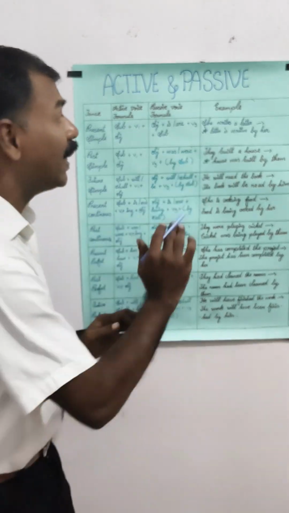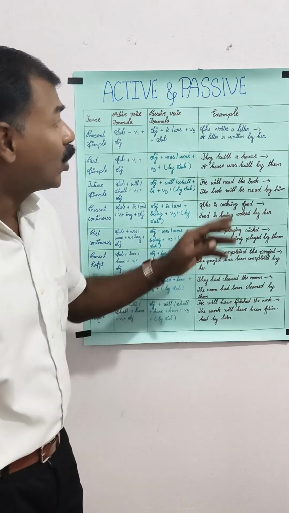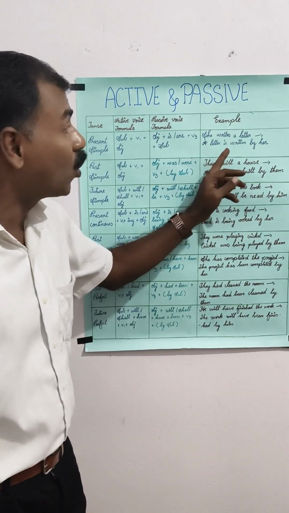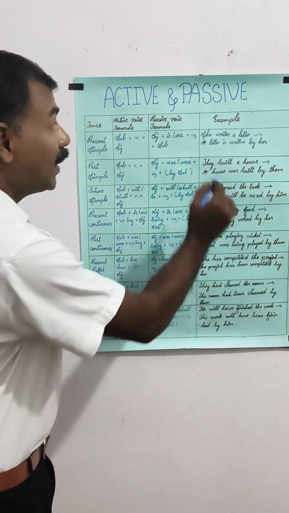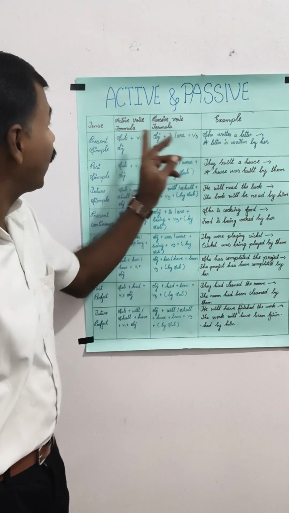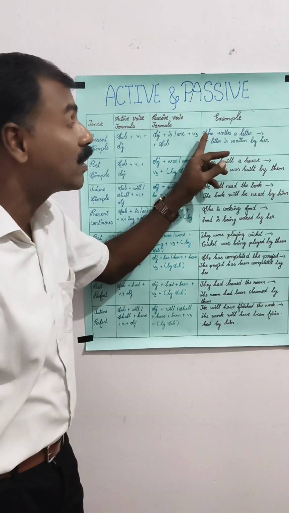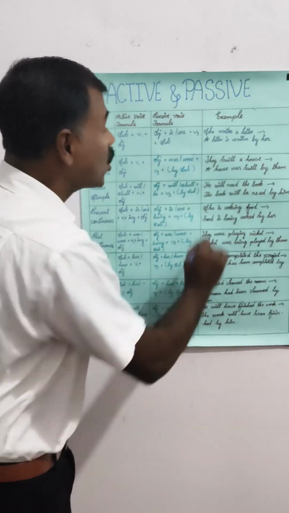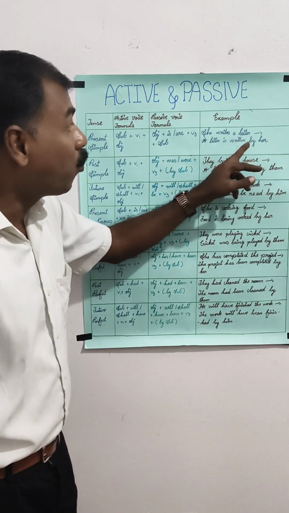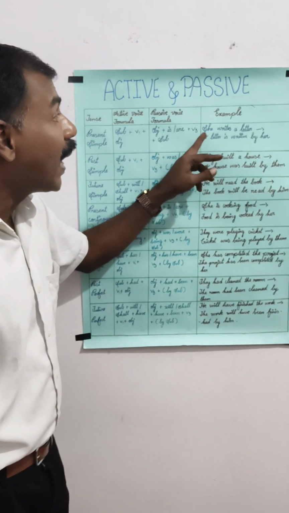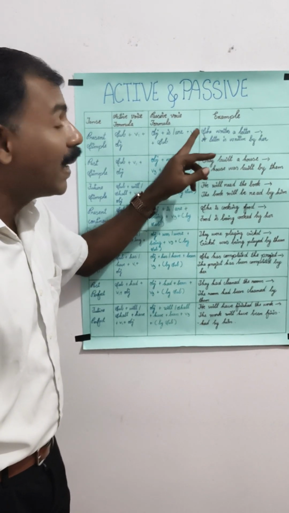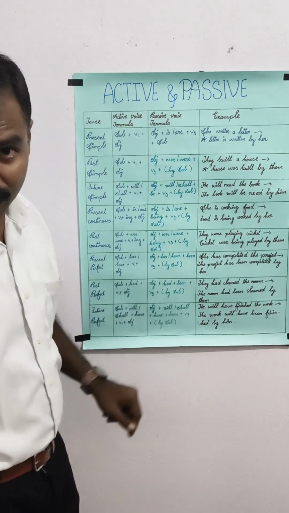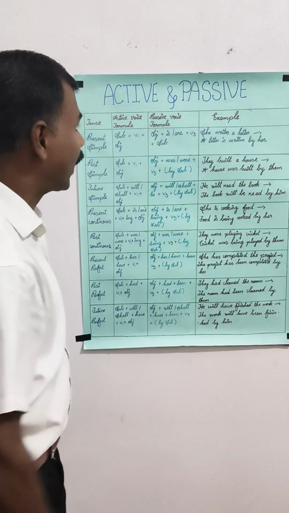A letter is written by her. Actually we are highlighting the letter, not her. In the first sentence, in active voice, she writes a letter, we are giving importance to she. But in the second sentence, in passive voice, we are giving importance to the letter which is written by her. That is the difference we can see.